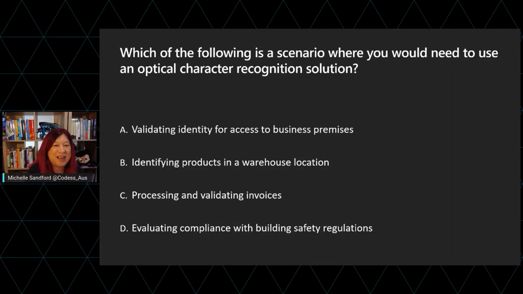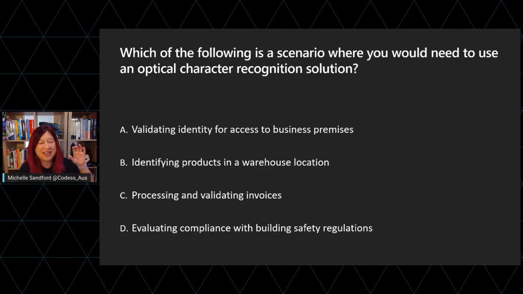So for example, validating identity for access to business premises. If the way you validated identity was you had the person stand in front of the camera at the gate holding their driver's license next to their head, then maybe you could do some OCR there and double check, is that someone you're expecting based on their driver's license?